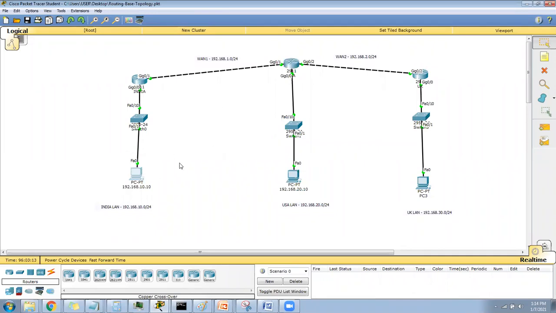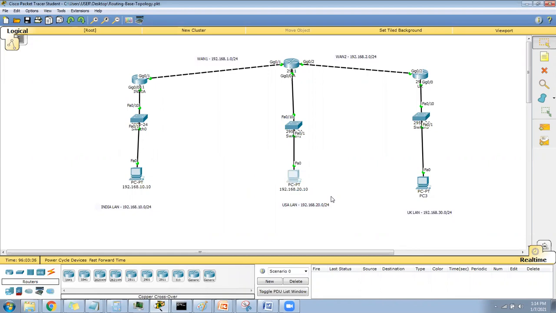Okay. So done. Now can you please answer me? Now we have the routing. Can machine 10.10 reach 20.10? Come on, fast answer. Can machine 10 reach 20.10? Yes or no? Yes. Why?